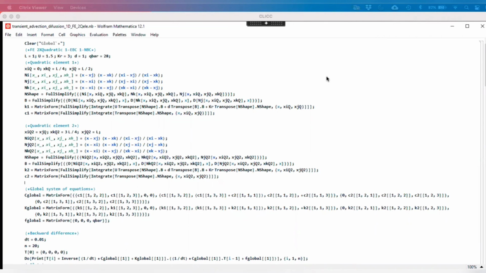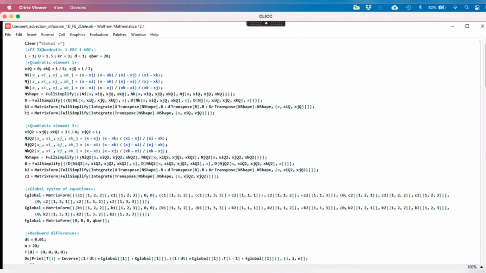All right, so now we go to Mathematica to solve the problem. The first part is all related with the solution of the spatial problem. So we define for the quadratic element number 1, the basis, the shape functions. We take the derivatives for the shape functions.